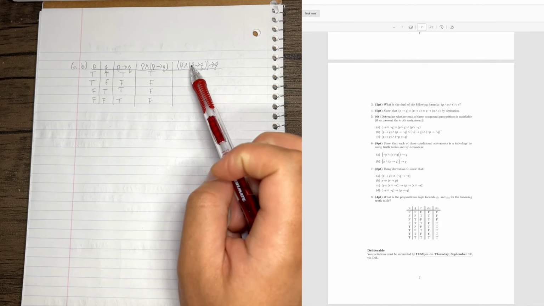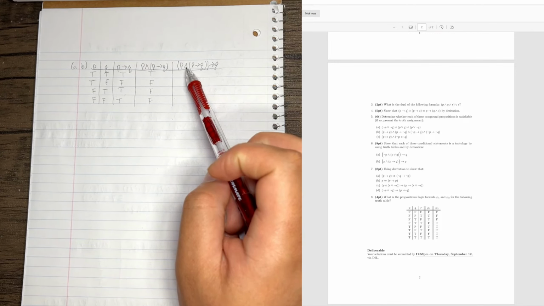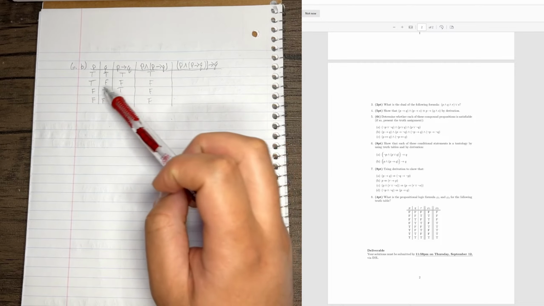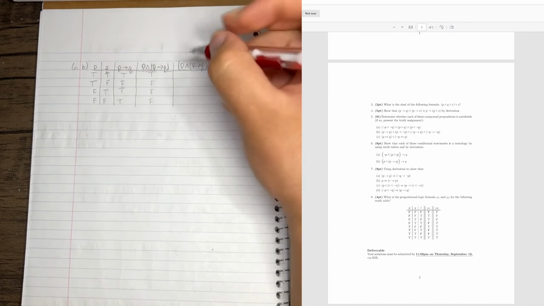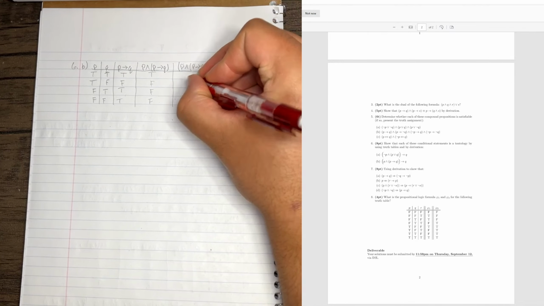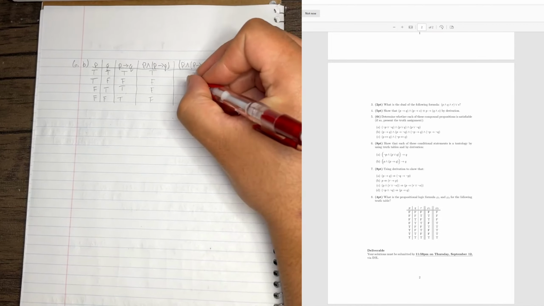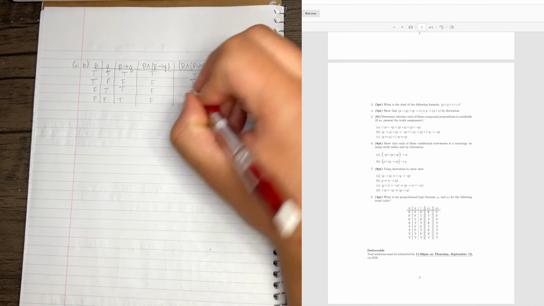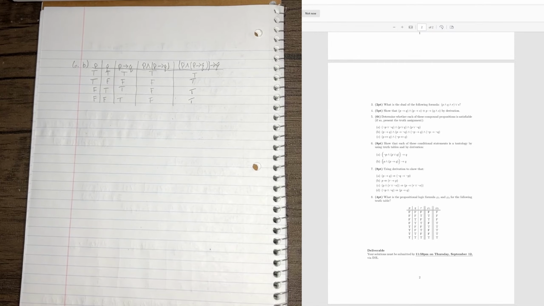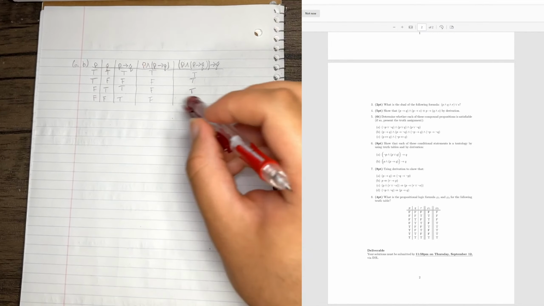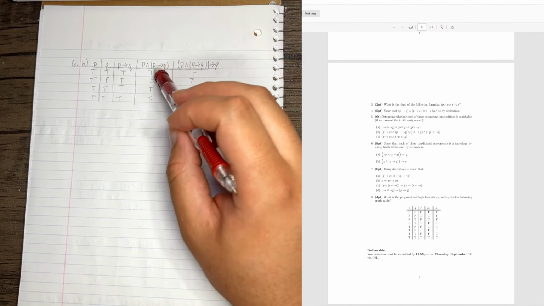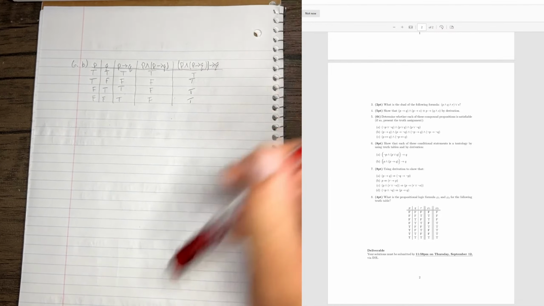This would only be false when this one's true, which is up here, and this one's false, which is down there. So that's just trues. Right? Because we don't look at this and this is true, and this one's true over here, so it doesn't matter.